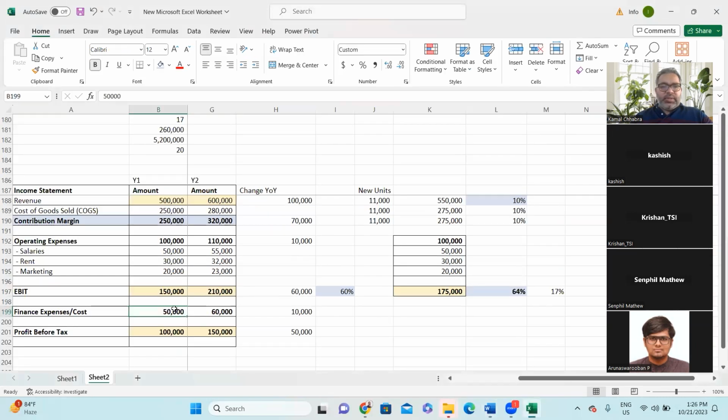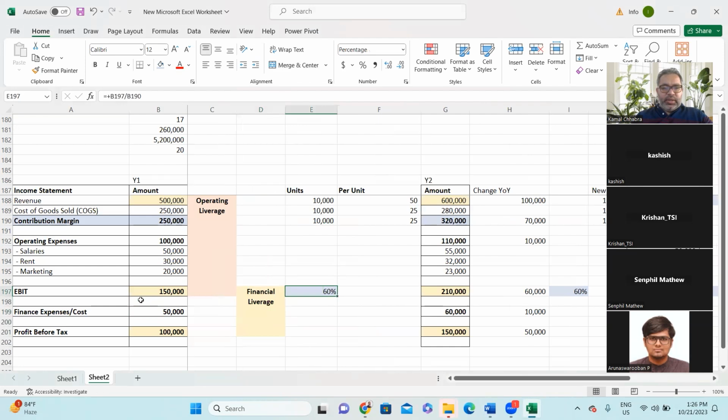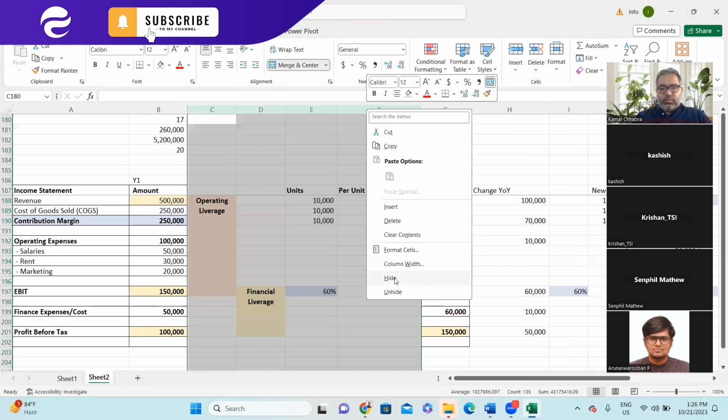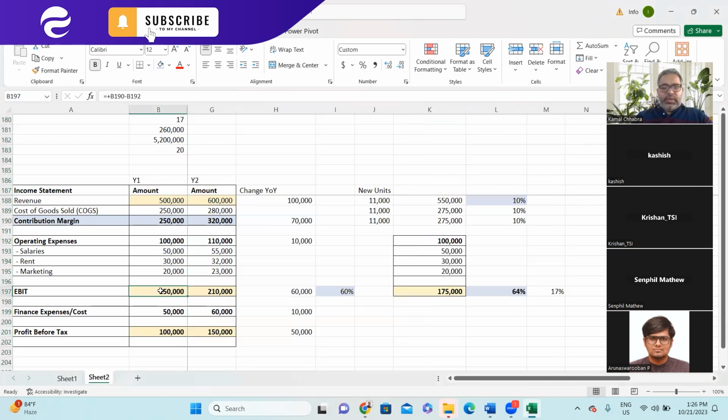So in these two examples, what is the change in income? If I hide this just for the benefit, this is year 1, this is year 2, and the change is 60,000, and this is 10,000, and this results in a change of $50,000.